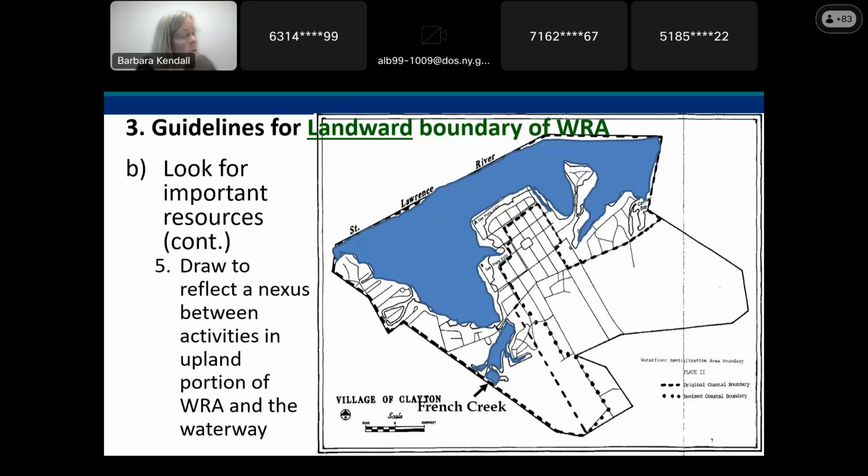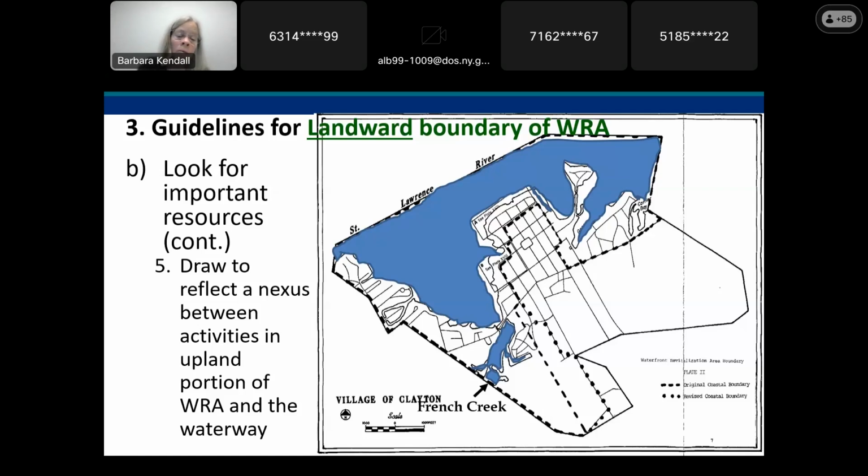So in order to do that, they need to come up with a justification for why they want to do that. And for Clayton, what they said was it encompasses wetlands and associated upland areas that drain into the French Creek. So the French Creek is one of those SIGHABs, significant coastal fish and wildlife habitats.